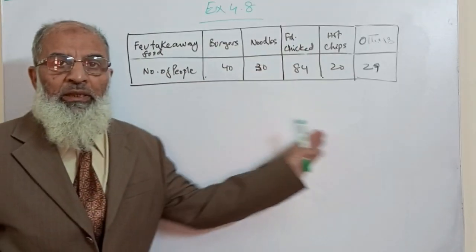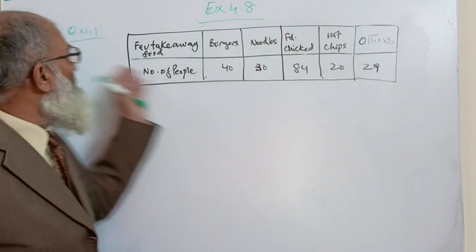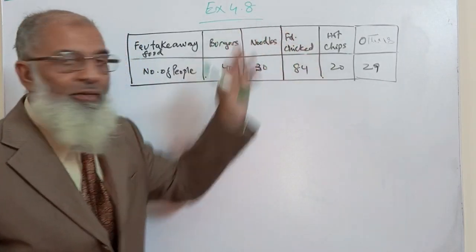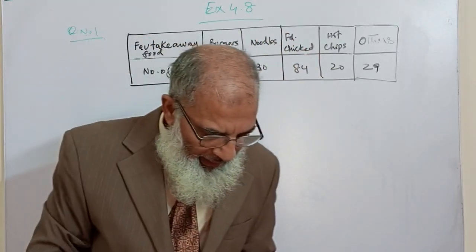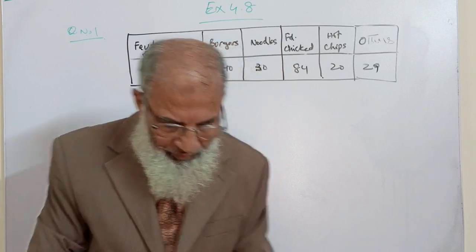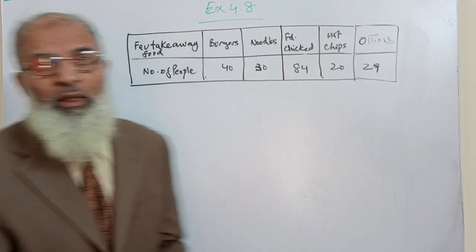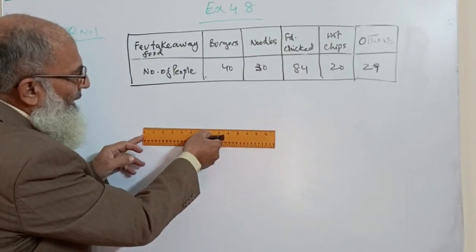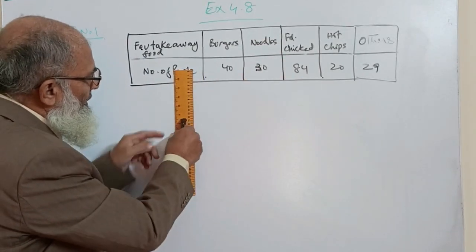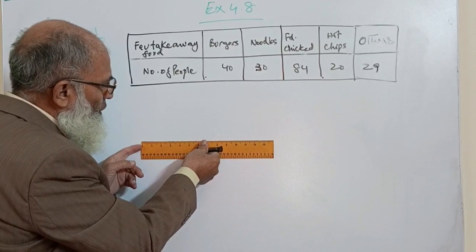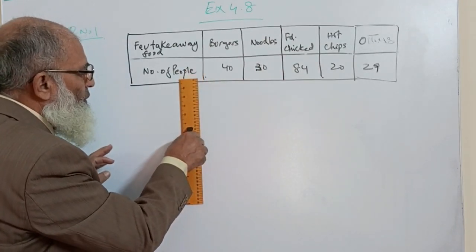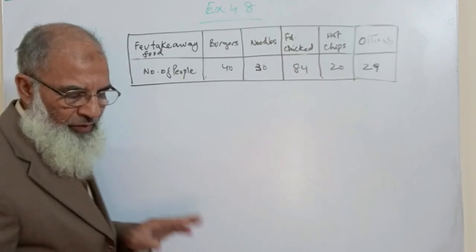So this is the table given in question number 1, exercise 4.8, and we have to draw the bar chart for this. You can make it horizontal or vertical, it is your choice.